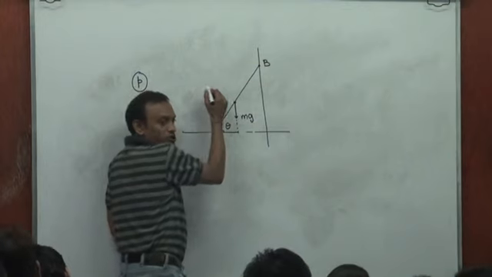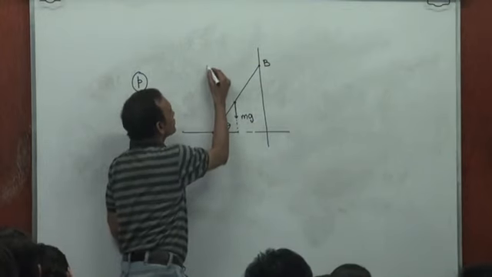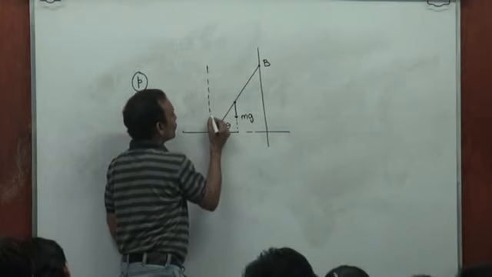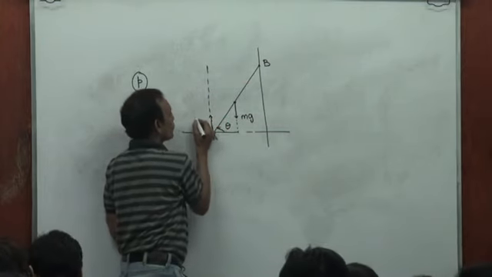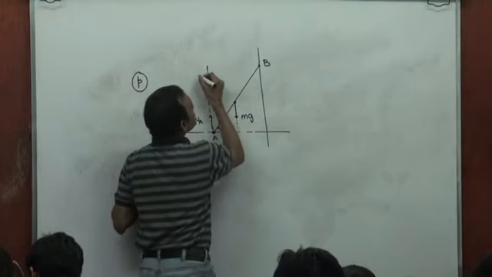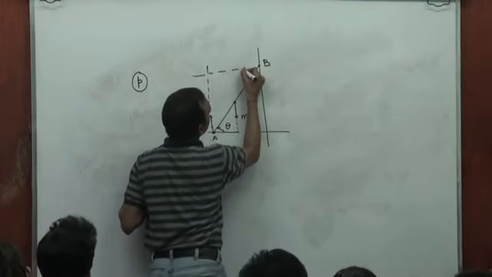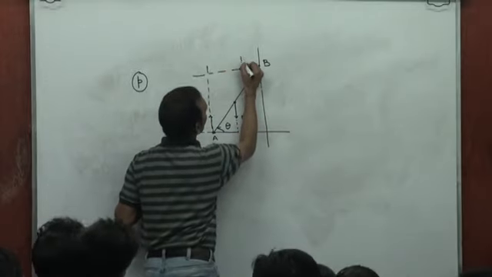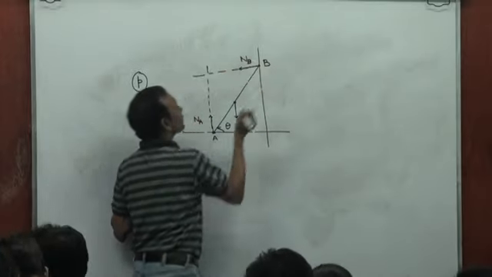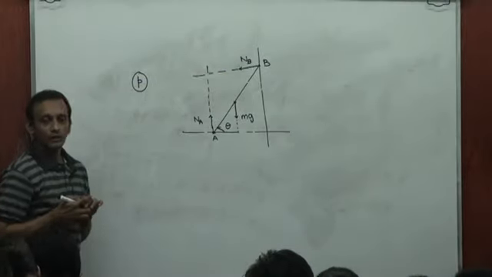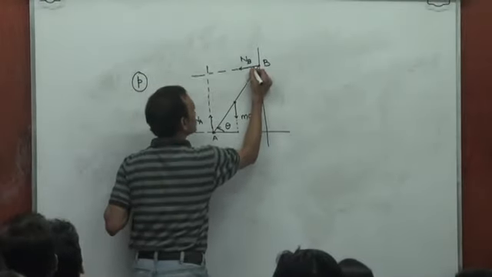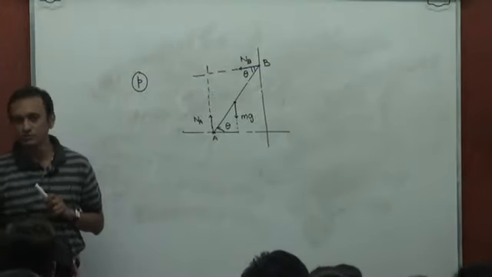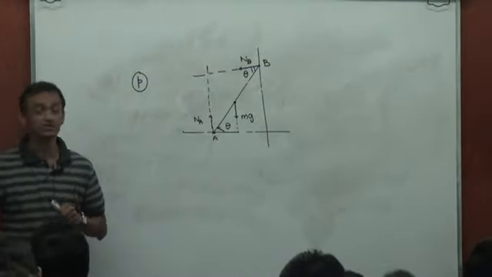There is going to be normal reaction from A acting upwards. And there is going to be normal reaction from B acting leftwards. No friction, smooth surfaces. This summarizes all the forces.